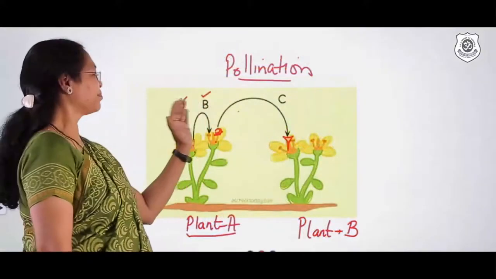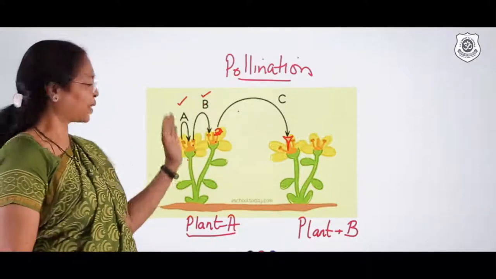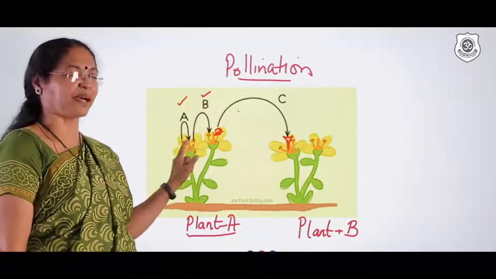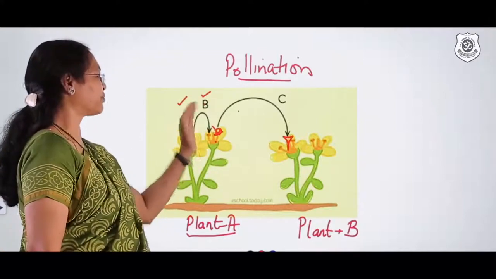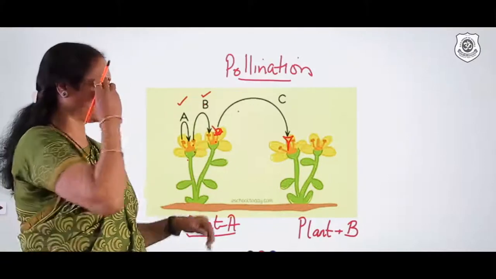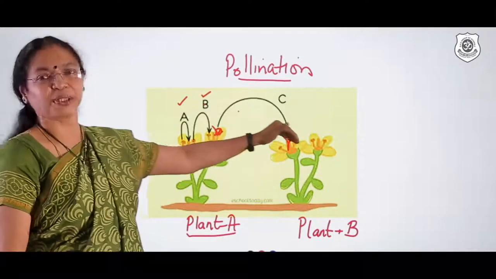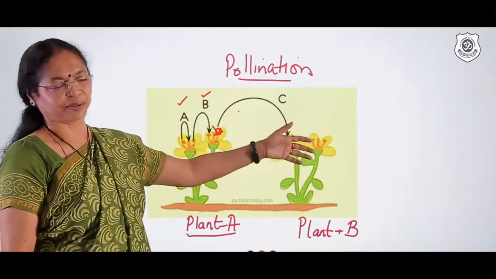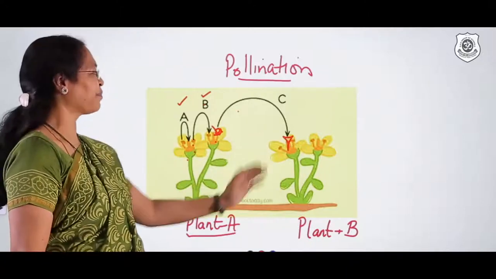So pollination can be either A type, B type or C. What is A? Transfer of pollen from the anther to the stigma of the same flower. What is B? Transfer of pollen from the anther to the stigma of another flower of the same plant. What is C? Transfer of pollen from the anther to the stigma of another flower of another plant of the same species.